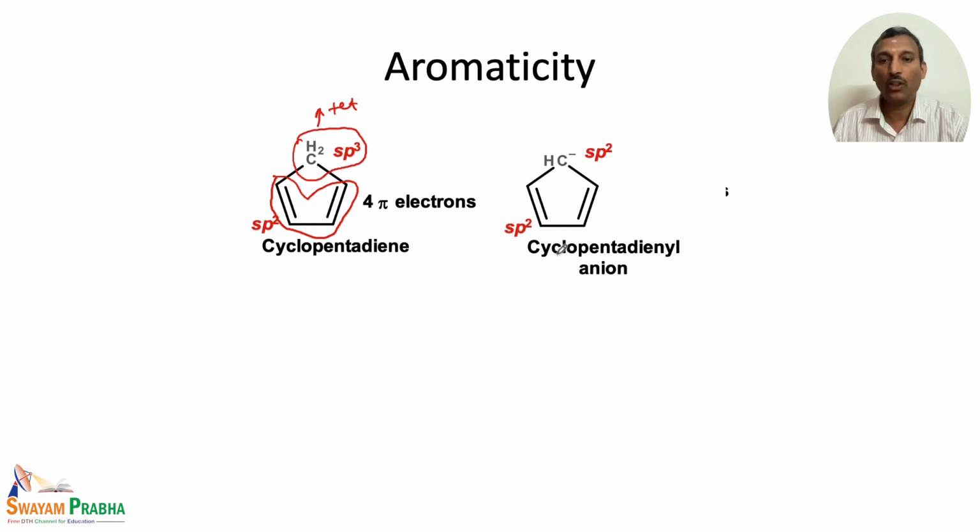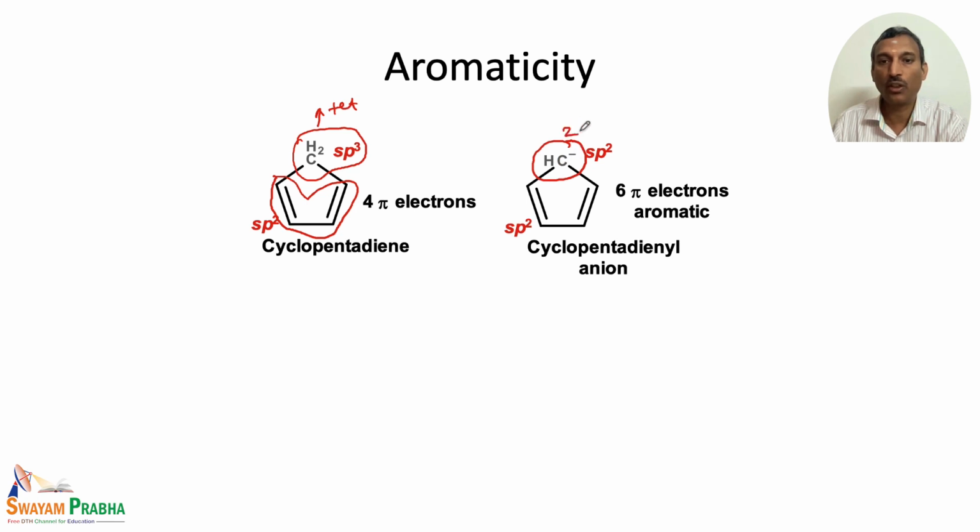But when we talk about the cyclopentadienyl anion, this is going to be an sp2 hybridized carbon. So, we now have all the carbons which are sp2 in nature, which means this compound is actually planar in nature. Here we have 2 electrons from this sp2 hybridized carbon, which means it has a negative charge.